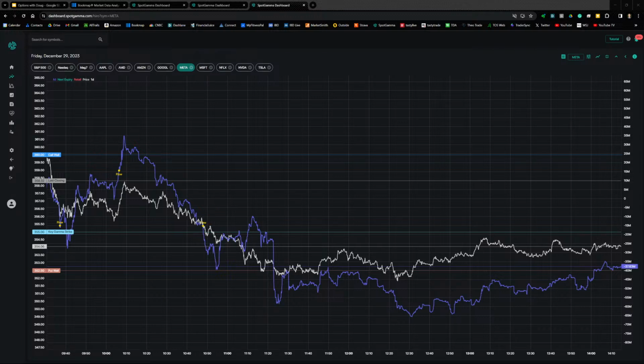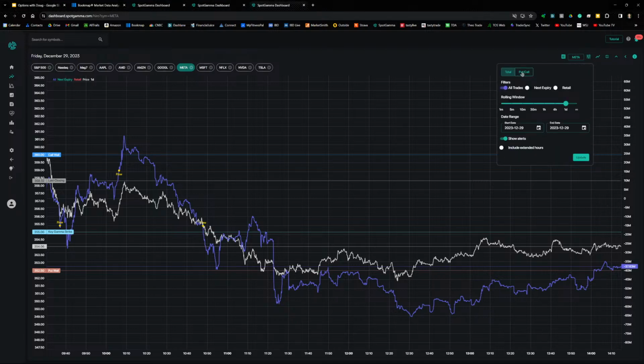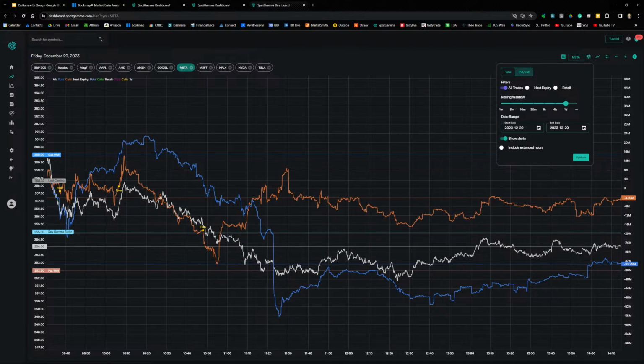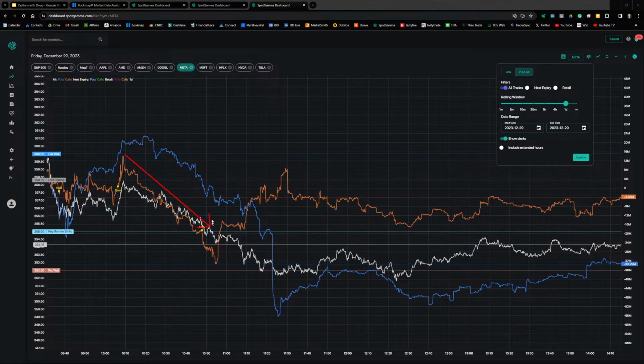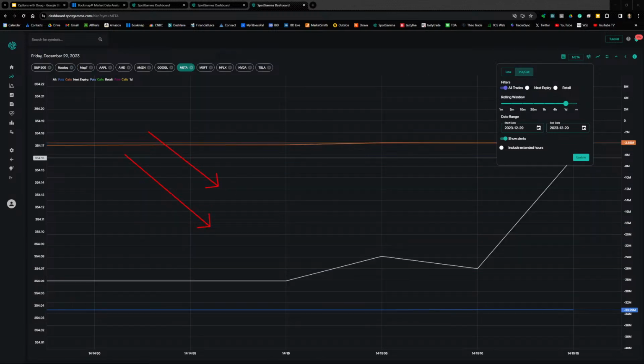Let's just see what puts and calls are doing. So notice, initially traders start selling calls, and then right around 10:20 they start buying puts.